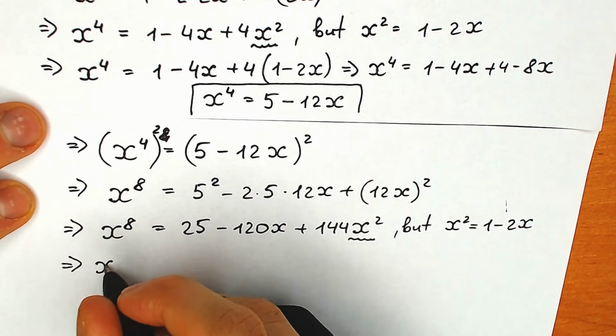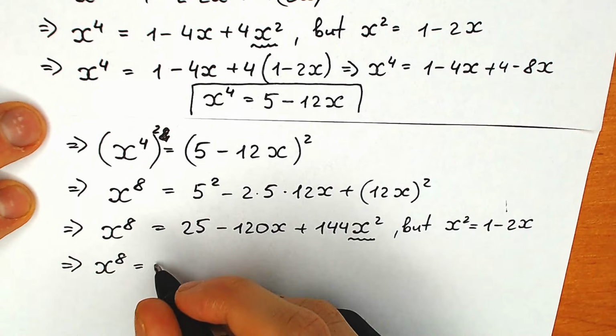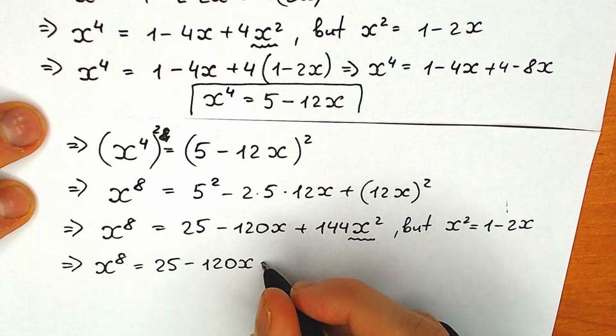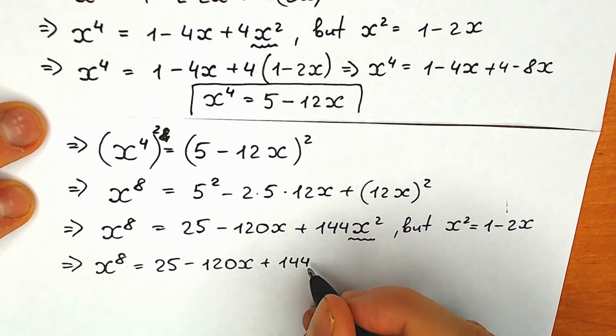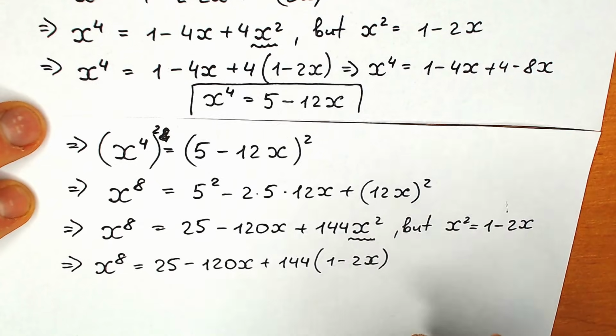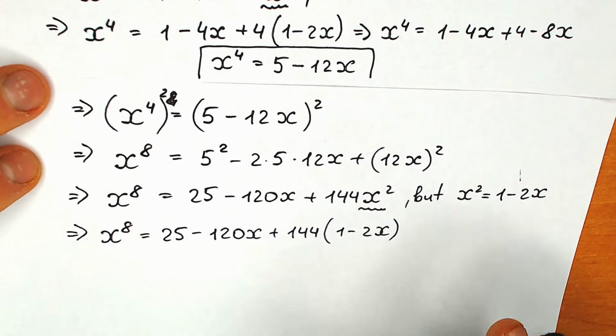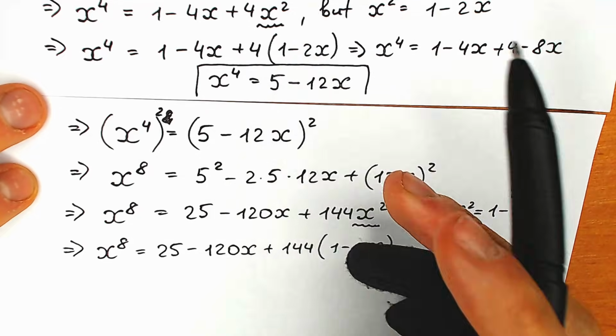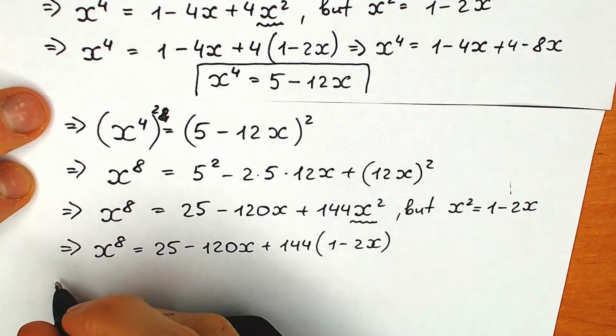So we have x to the power 8 equal to 25 minus 120x plus 144, and in parentheses we have 1 minus 2x. The same thing as we did before. So we plug in, instead of this x squared, 1 minus 2x. So let's simplify this.